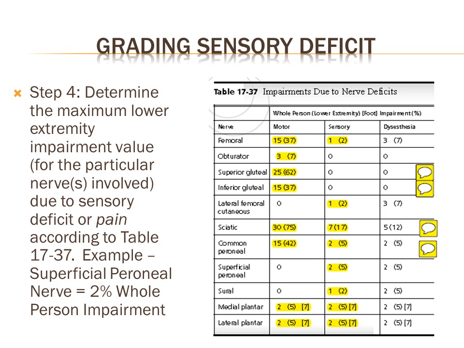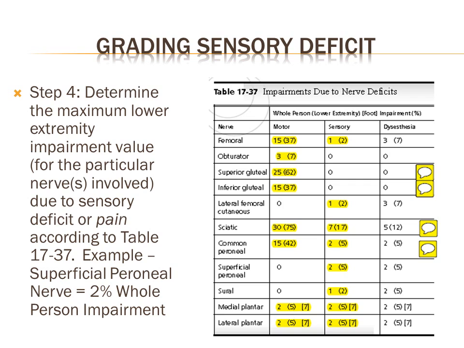Then, once you've determined the severity of the sensory deficit, you then go to Table 17-37 to determine the maximum lower extremity impairment value for the particular nerves involved.